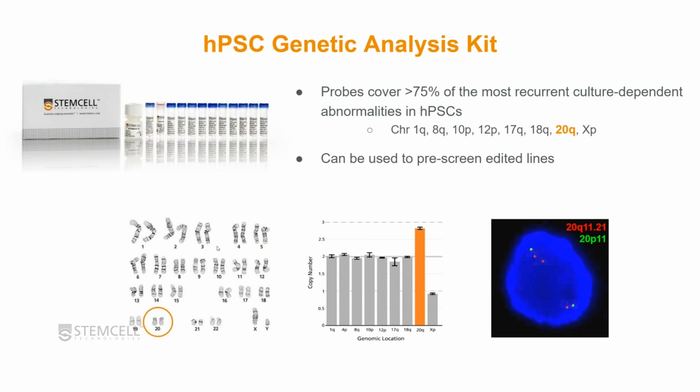And so interestingly, as you can see here in this karyogram, even though this cell type, as we detected using the qPCR-based kit, has 20q amplification, by traditional karyotyping methods, you can't detect it because that 20q region is too small. But this was validated using FISH. And so this kit, we feel, is a really useful kit to especially pre-screen edited lines for any abnormalities prior to sending them for karyotyping or performing any downstream analysis on these cells.